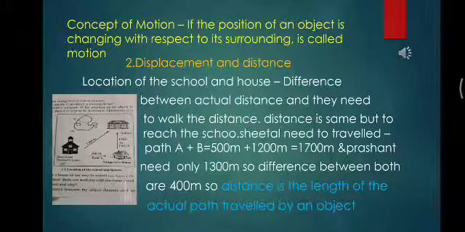Now we will see the second point, named distance and displacement. First we will see the distance. For that I have given you a picture. In the first figure, the distance is given in three ways: the upper and lower side by a string, the middle by a dotted line.